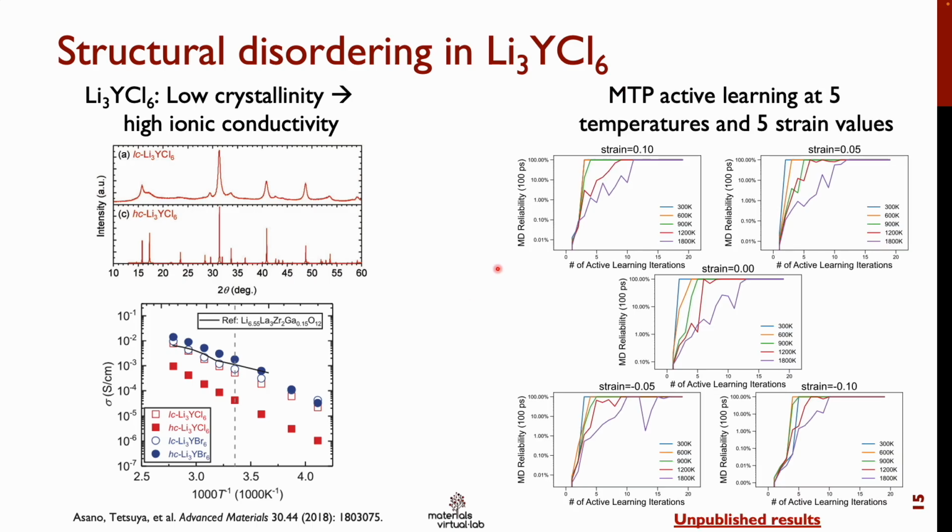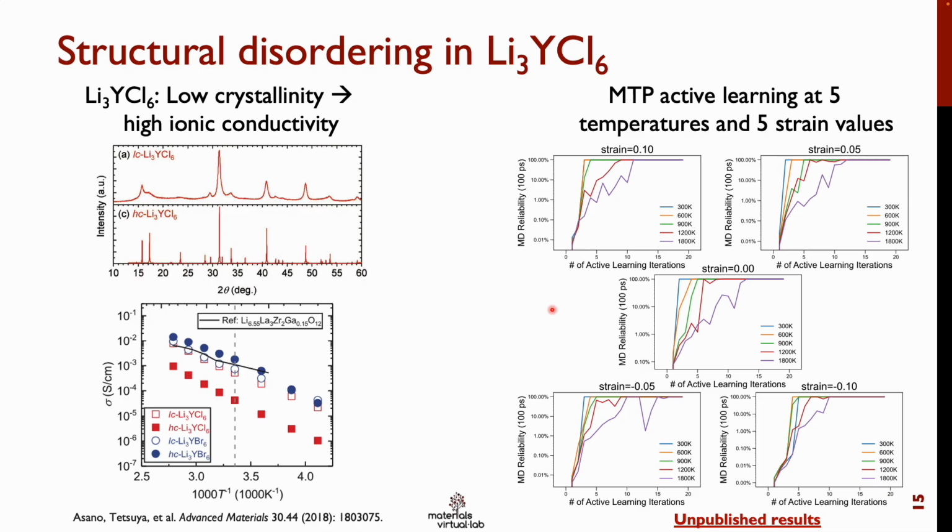And again, we use active learning to sample training structures for our moment tensor potential to study the amorphous phase of LYC. You can see this is a similar workflow, where we apply the active learning at 5 different temperatures from 300 Kelvin up to 1800 Kelvin, which is at least 800 Kelvin above the melting temperature of LYC.